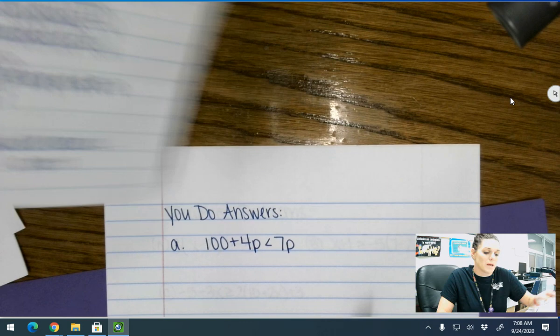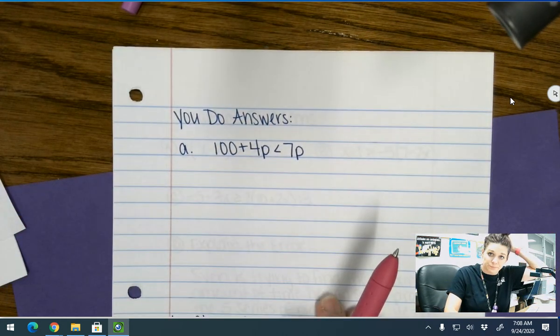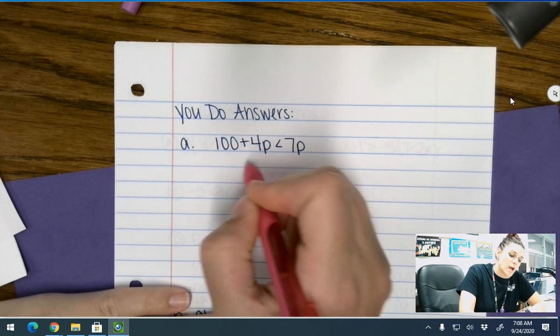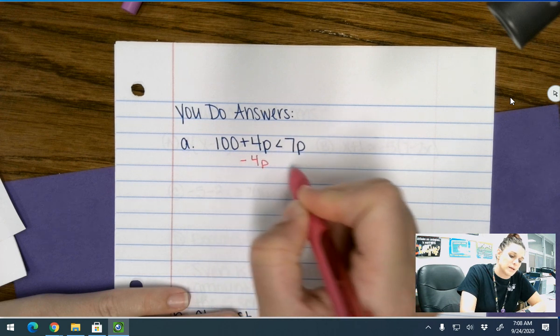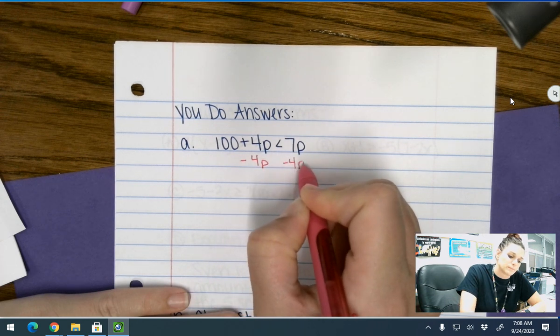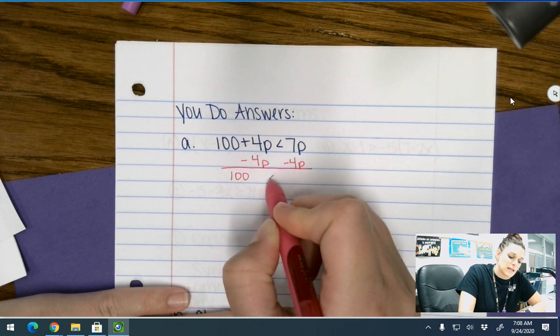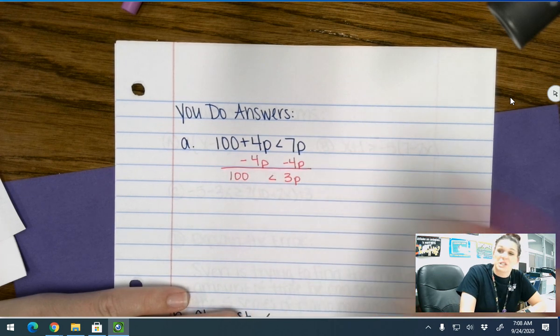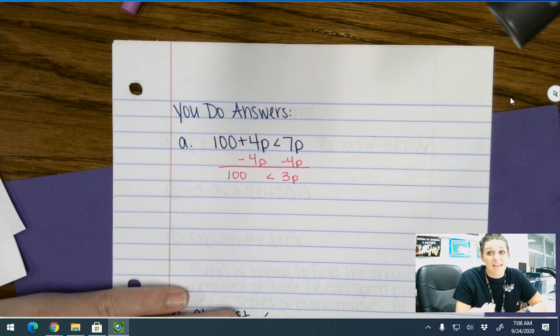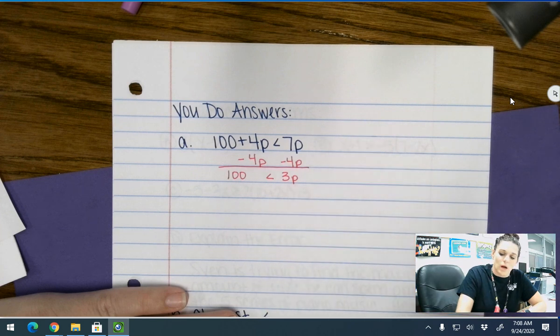To solve this, we would subtract the $4 per pizza. 100 is less than $3 per pizza. So really each pizza, they're making $3, but they still have to get past that $100 fee. From here we're going to divide by 3.